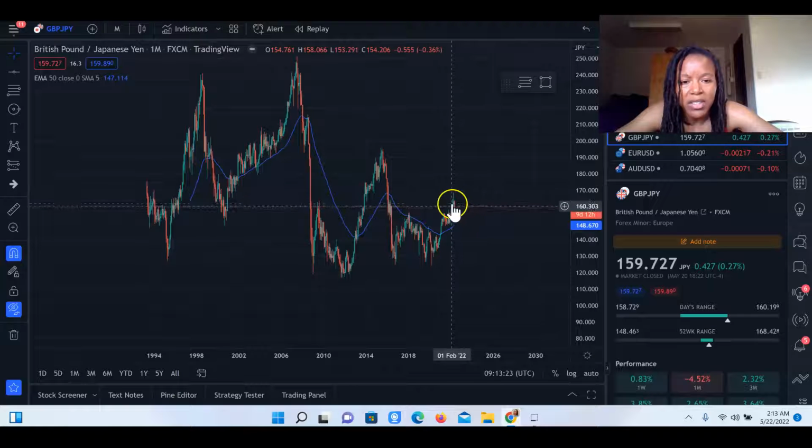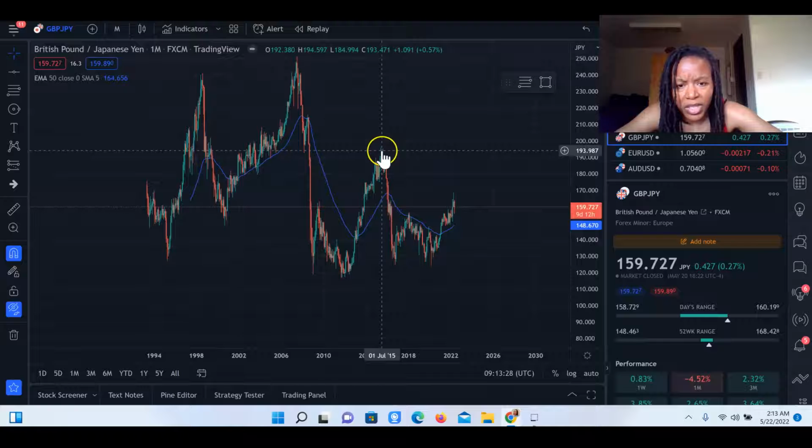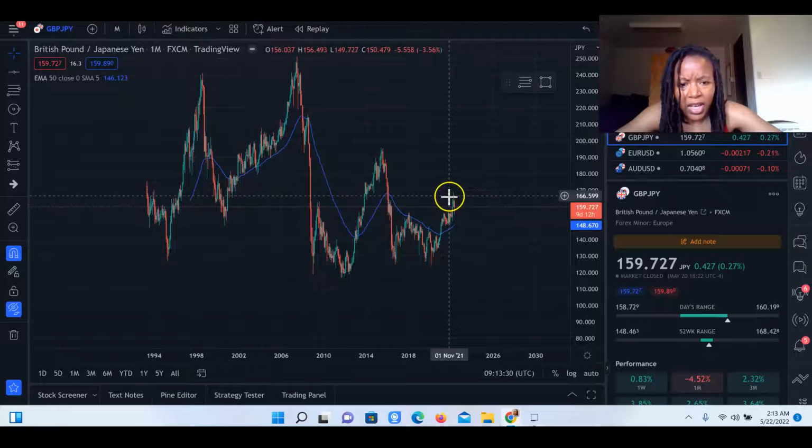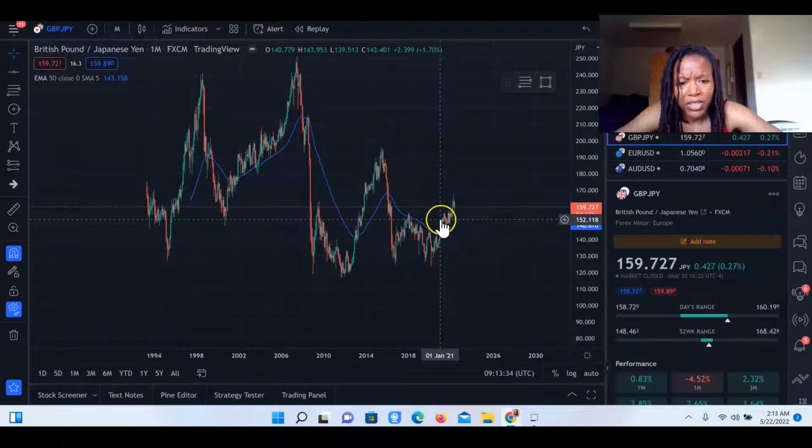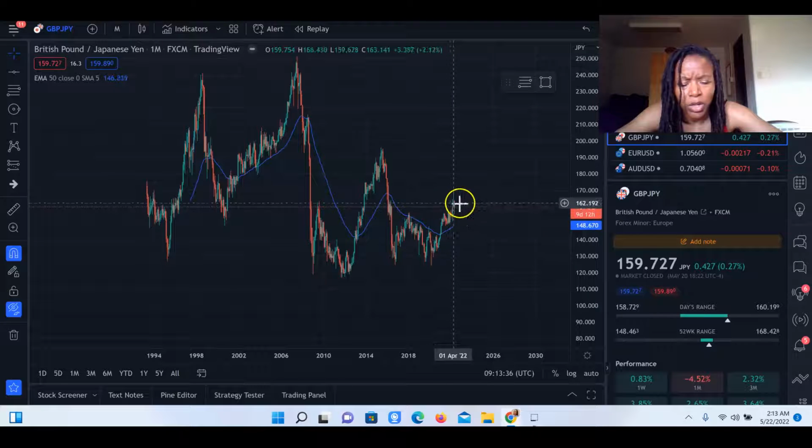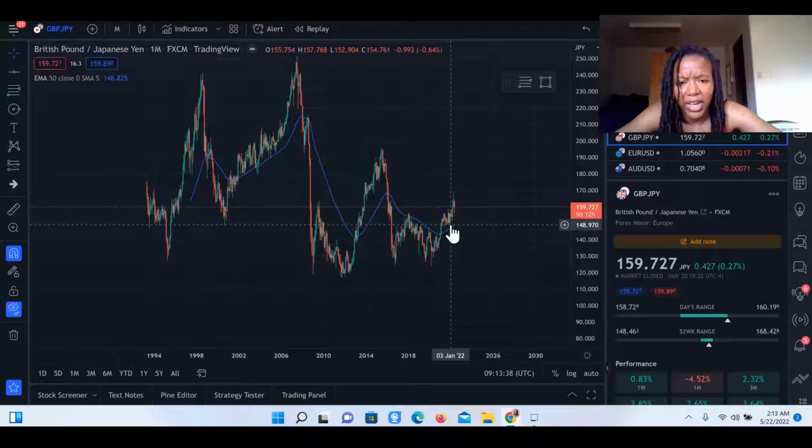We can see price is trading right here. If we go up, we can see price hit right here. And if we go down below, we can see right here, this rally-base-rally is where price is currently trading now.